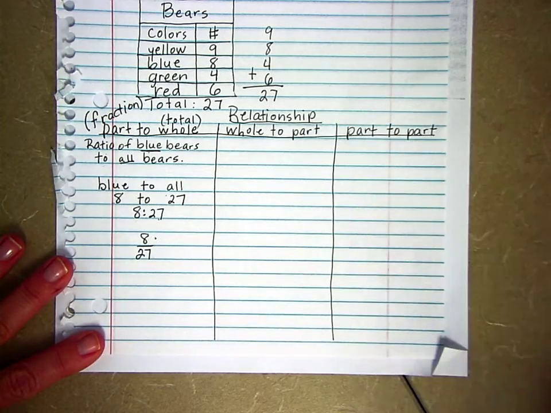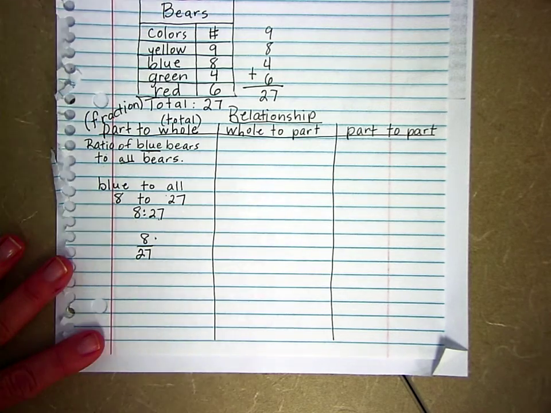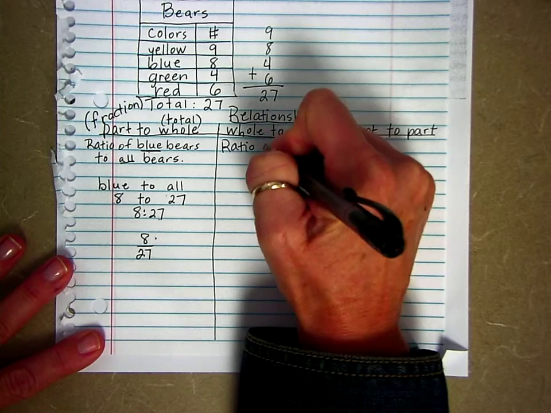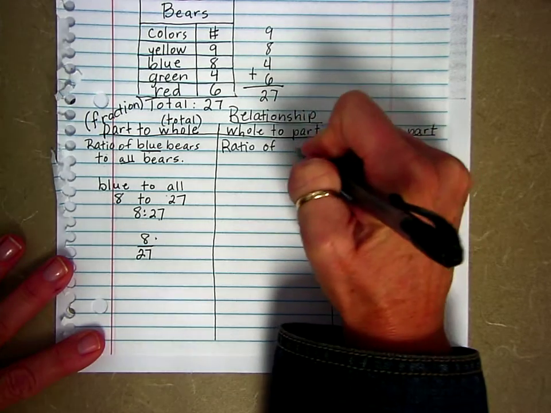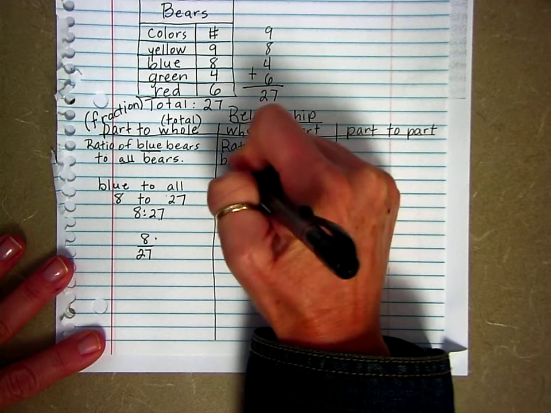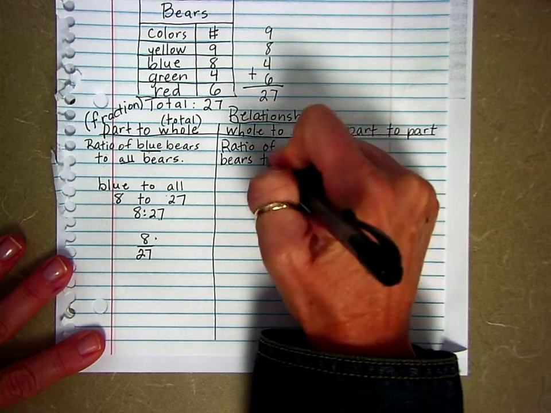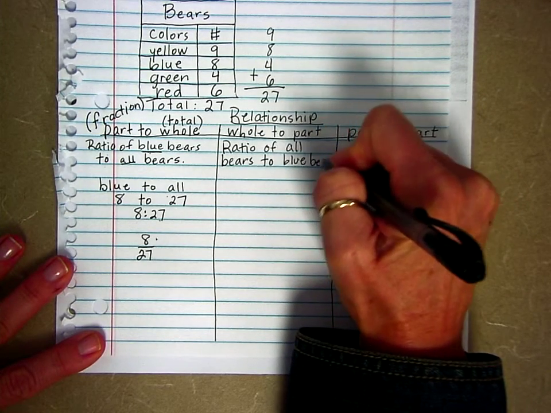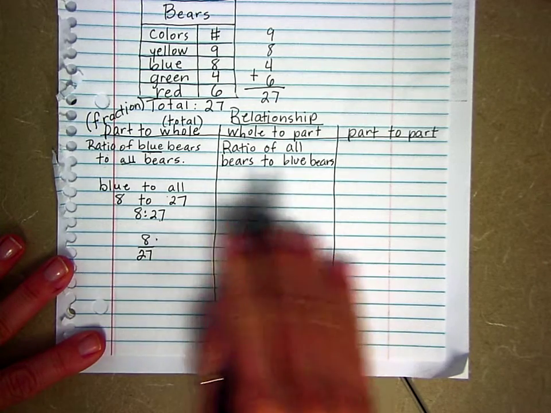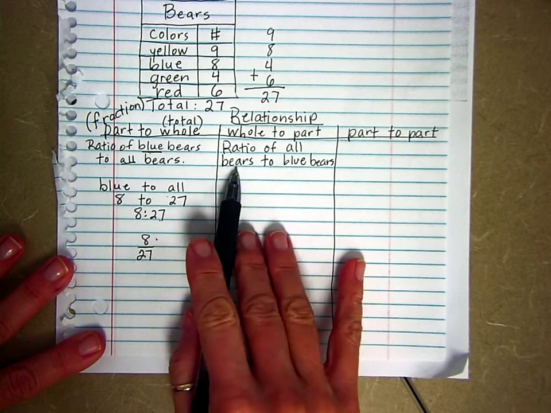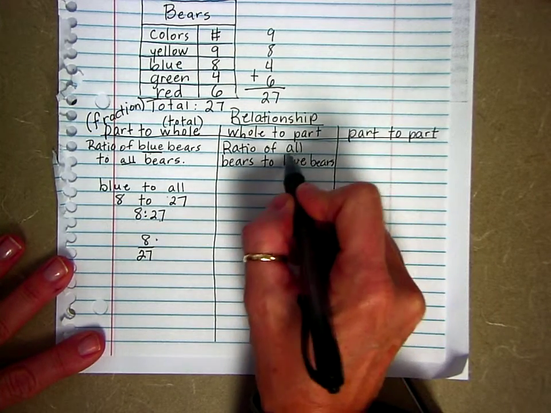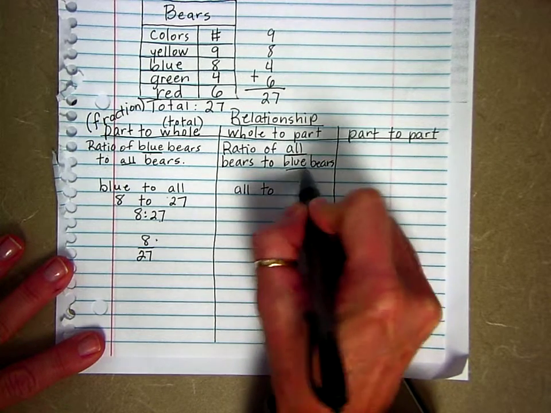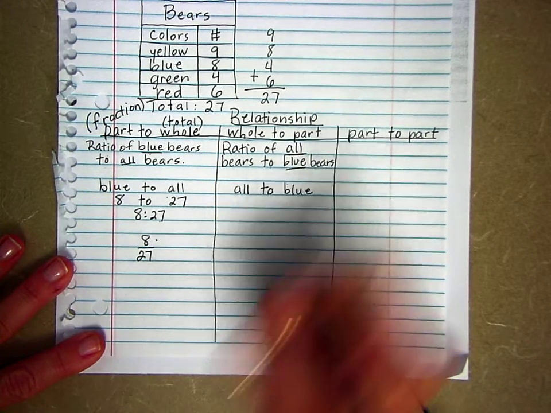Okay, in this relationship we have whole to part. So what is the ratio of all bears to blue bears? Well, now we change the order because that's the question. So we have all, that comes first, to blue, that comes second.